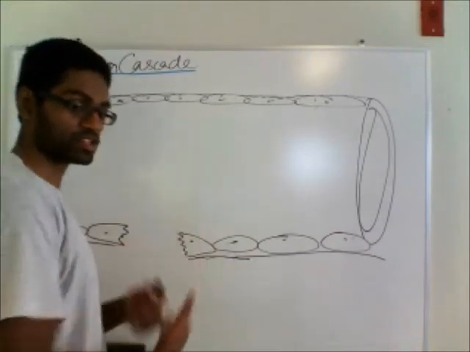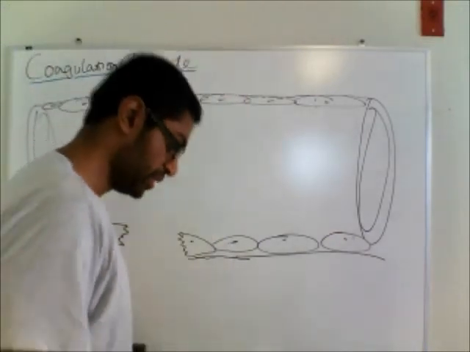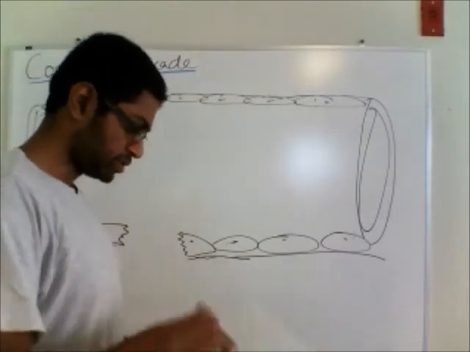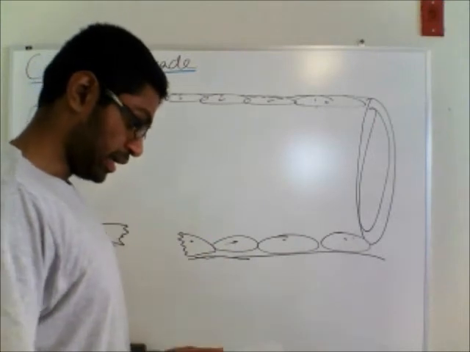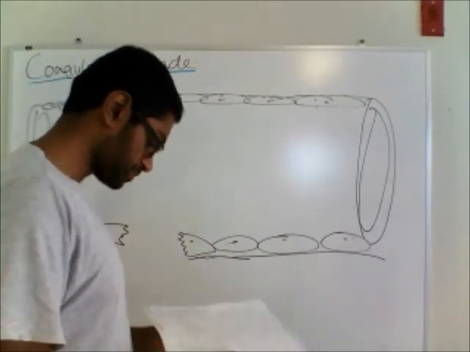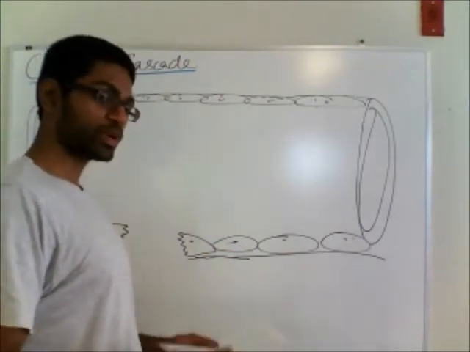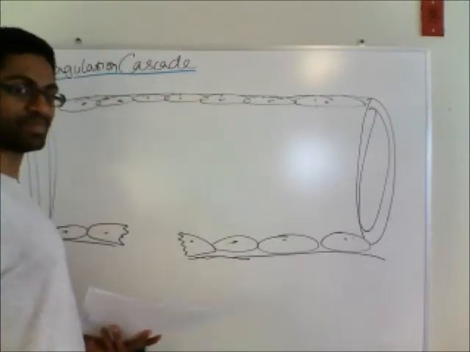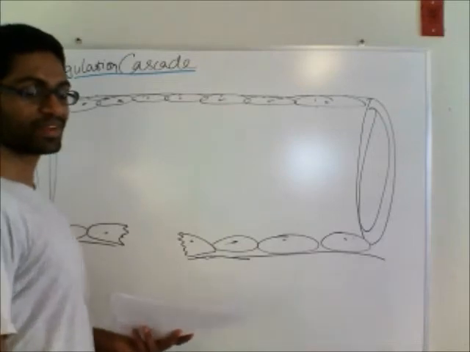Get ready for your first check mark. Remember we said that these cells produce what? Nitric oxide, prostacyclin, and ADPase, exactly. Very good. Just a quick question: do you know which organ mainly produces these molecules? The liver.